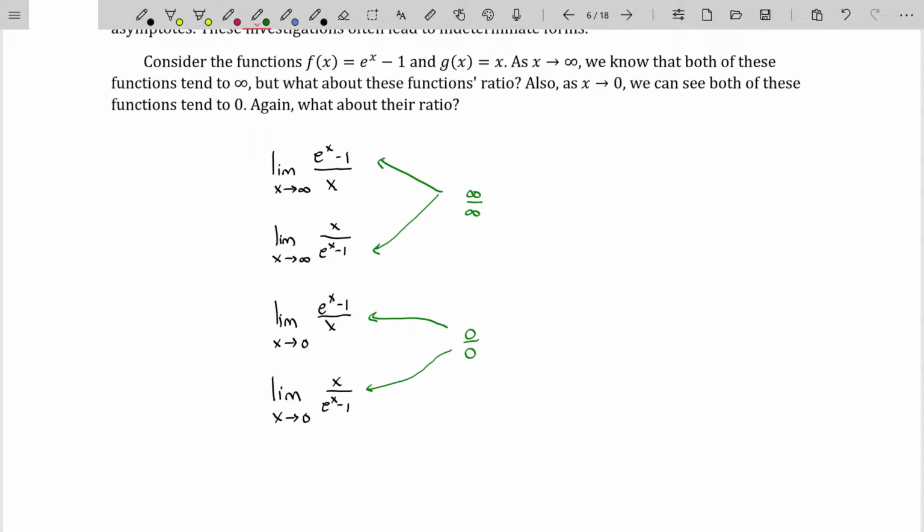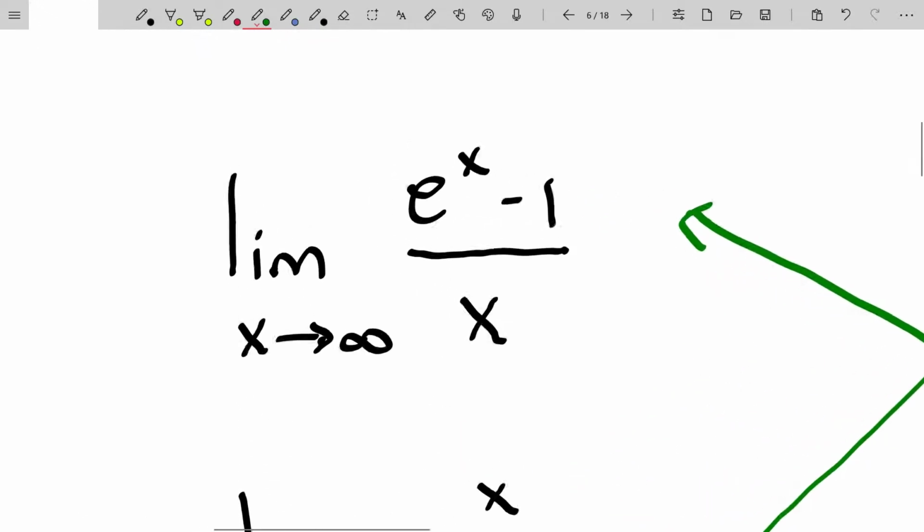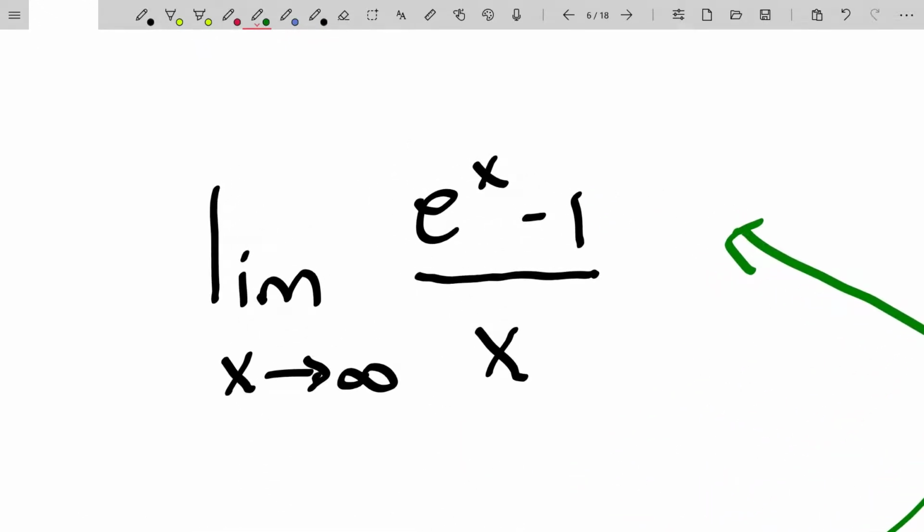And the secret is in how students would normally argue this, actually. So your intuition of saying, well, the top is more powerful than the bottom, or the numerator approaches infinity faster than the denominator in this case, is a good intuitive way of knowing how L'Hopital's rule works.